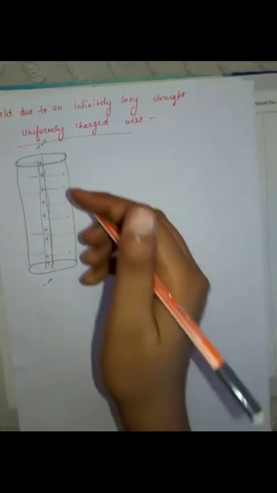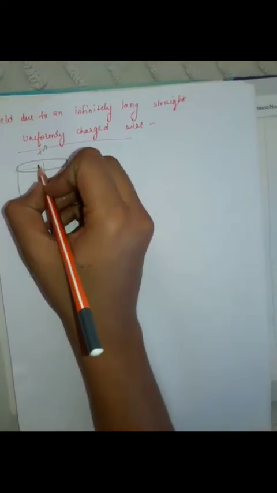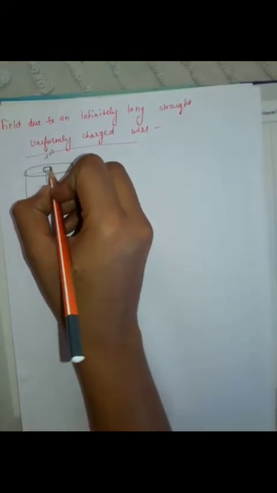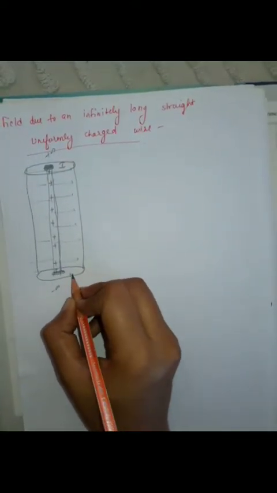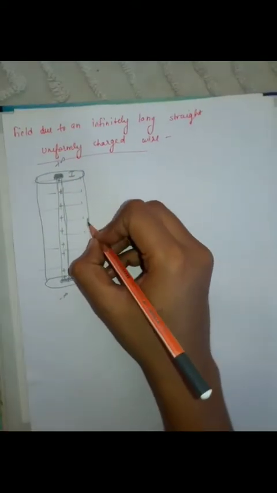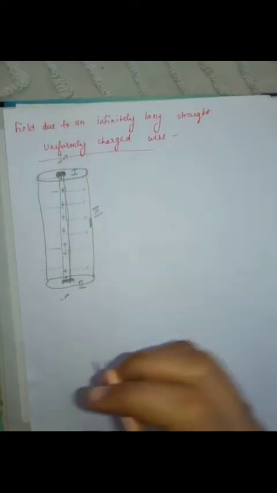Okay, now we have to take three surfaces. A small element: this one is your first surface, next this is your second surface, and here this is your third surface.